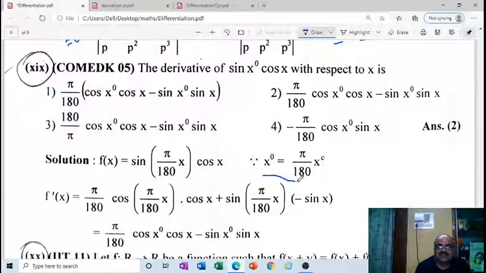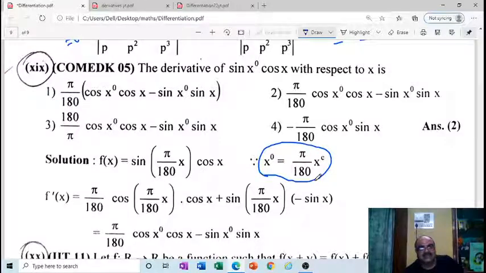X degrees will be pi by 180 into x radians. So degrees got converted into radians. Now sin x can be written as sin of pi by 180 x into cos x. Both are in radians.